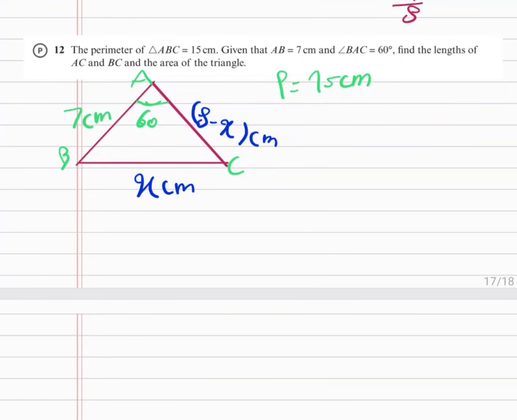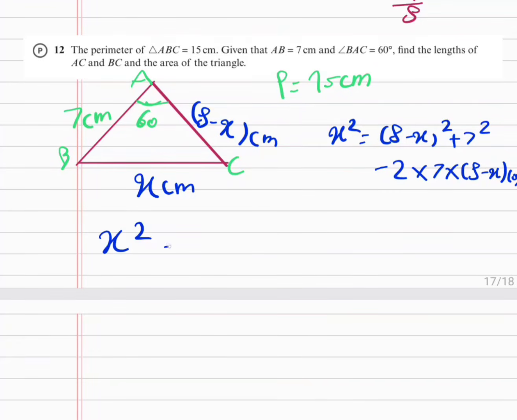Now that we have everything in terms of x, we can simply use the cosine rule to find the value of x, and then we can find the area at the end. So for the cosine rule, we always start with the side opposite to the known angle, and in this case we have x squared is equal to (8 minus x) squared plus 7 squared minus 2 times 7 times (8 minus x) cos 60.